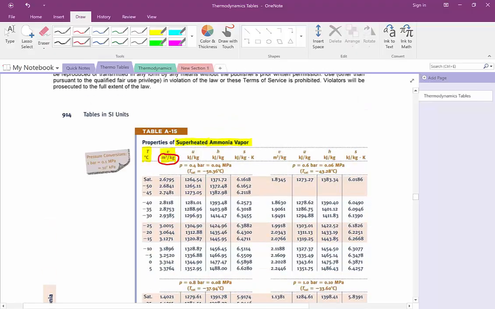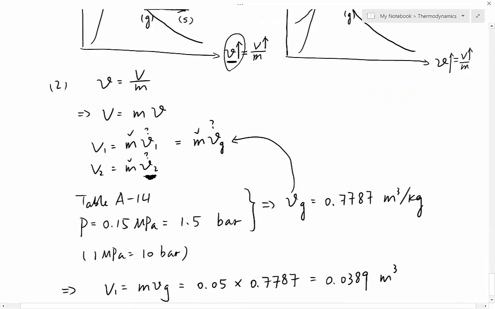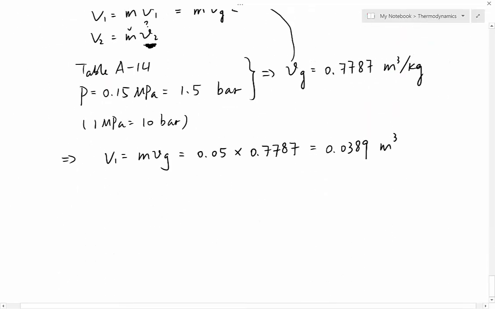Okay, so now we can go back to our problem and write it down. This time we go to table A15. It's for superheated ammonia vapor. And then we start from pressure, which is 0.15 megapascal, 1.5 bar, because pressure is constant, pressure doesn't change. And in addition, we also used temperature, final temperature T2 is 25 Celsius.